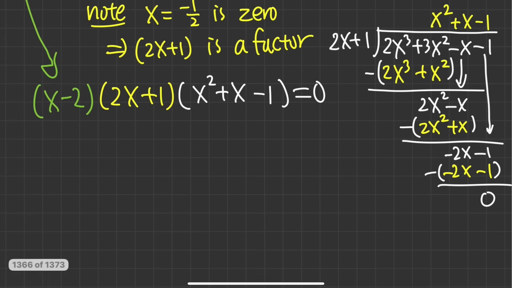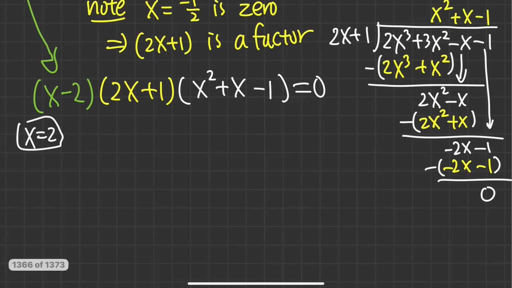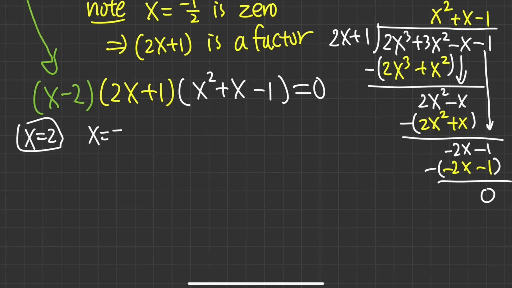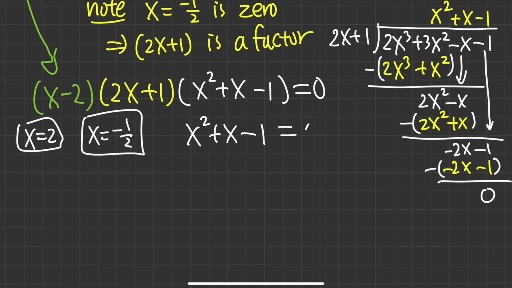Okay, we're almost done. Now, from here, of course, we can see x is equal to 2. It's a solution. From here, of course, we know that x is equal to negative 1/2. Now, from here, we will have to solve it. So this is x squared plus x minus 1 is equal to 0.